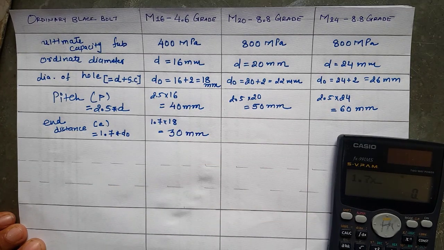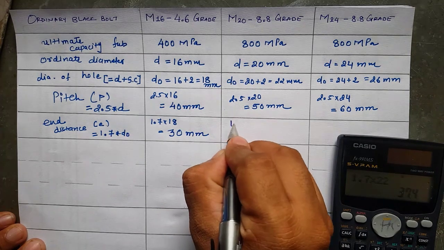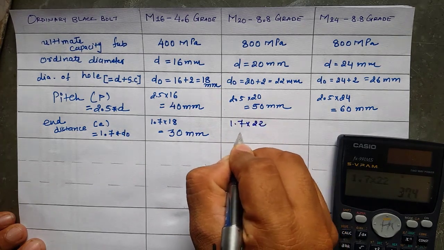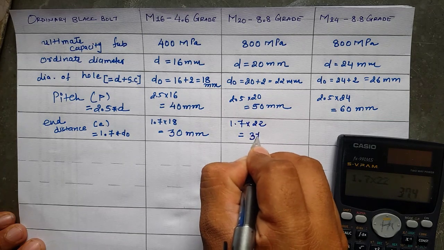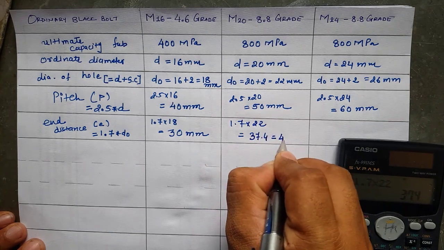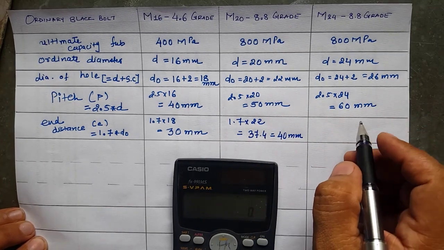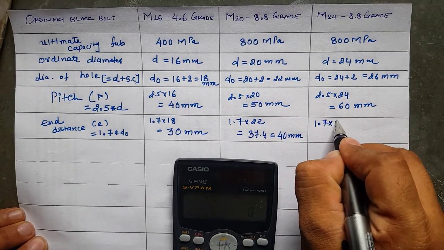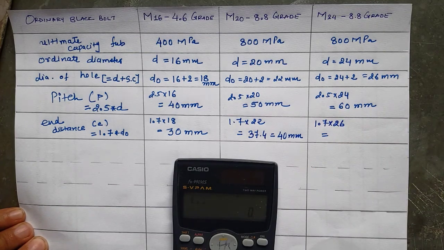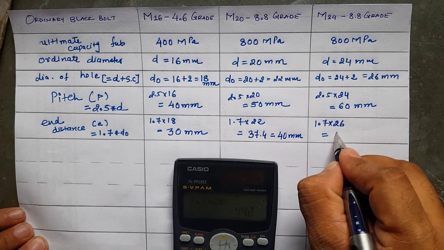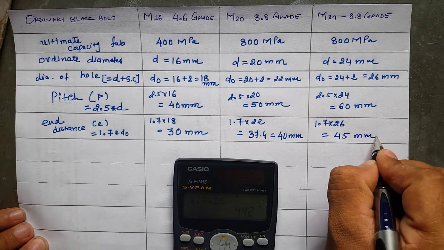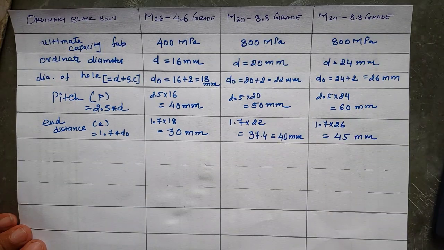Similarly 1.7 into 22 for 20 mm bolt is 37.4, nearly equal to 40 mm, so we will take it as 40 mm. And for M24 bolt it is 1.7 into 26, which is near about 45 mm. So end distance is 30 mm, 40 mm and 45 mm for 16, 20 and 24 mm bolt respectively.